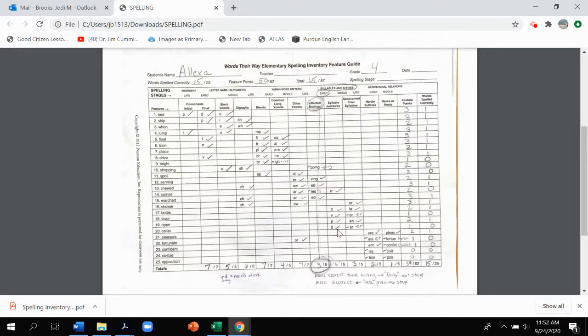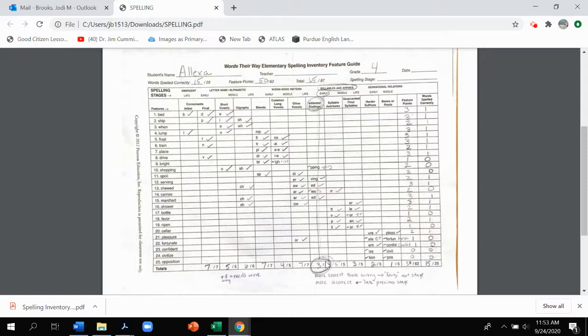Now, yes, she did well on syllable structures, and about here she hits a miss 2 again. So I'm going to be okay with going back and teaching some inflected endings to further strengthen syllable structures and further help her with the unaccented final syllables.